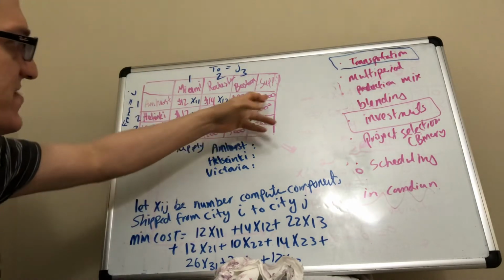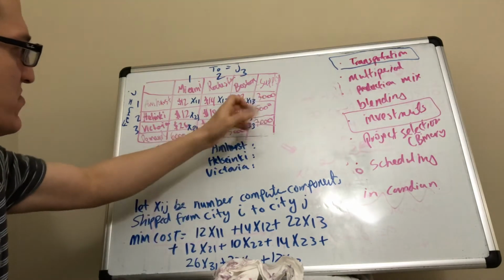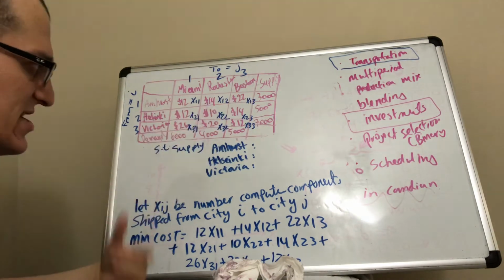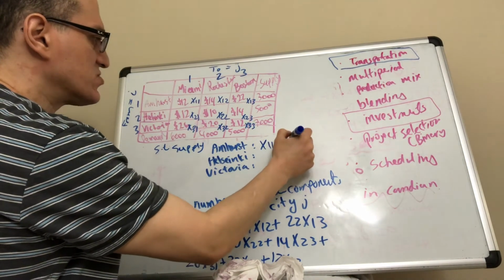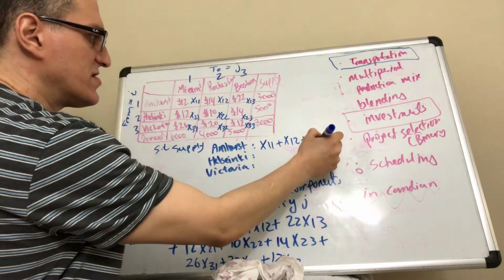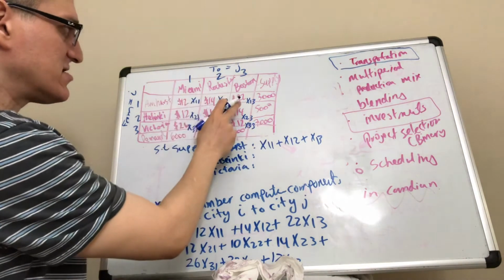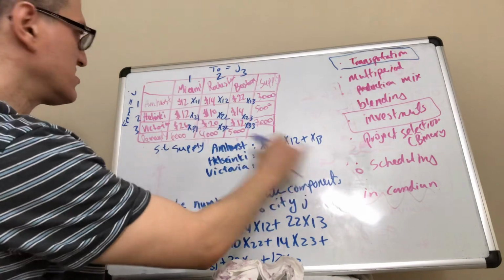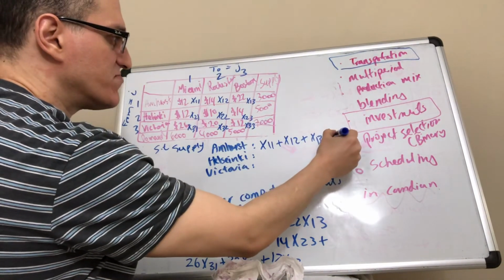Amherst, they can supply 3,000 units. So you ask yourself, what do we have coming from Amherst? X11 coming, X12 coming, X13. And you see I'm only taking the components, not the dollar value, because these are the components coming from Amherst, and maximum number of components 3,000.